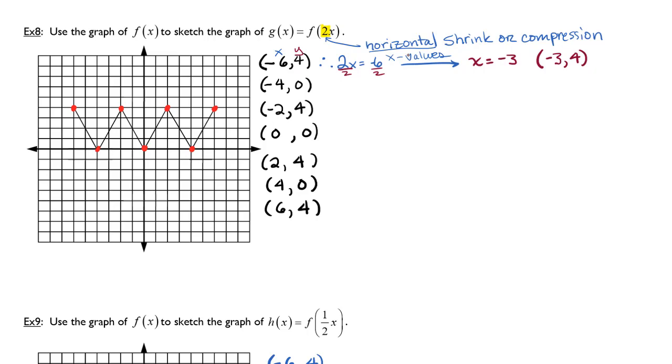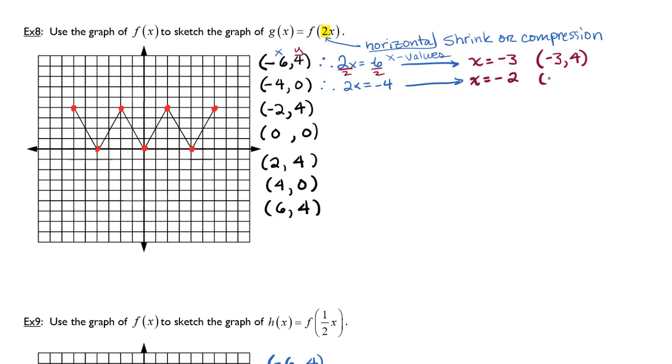That's our y value. It's really important to keep track of x comes first, then y for our coordinate points. Now, let's do the same thing for -4. This gives us x equals -2.